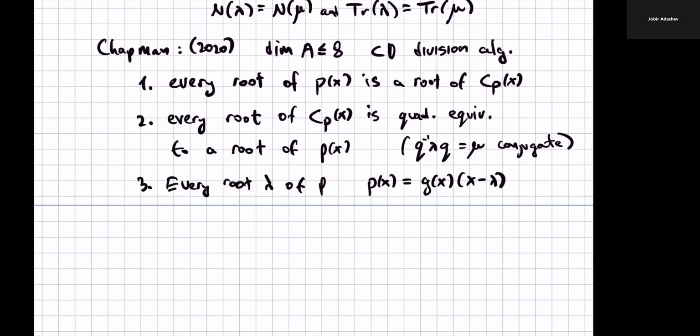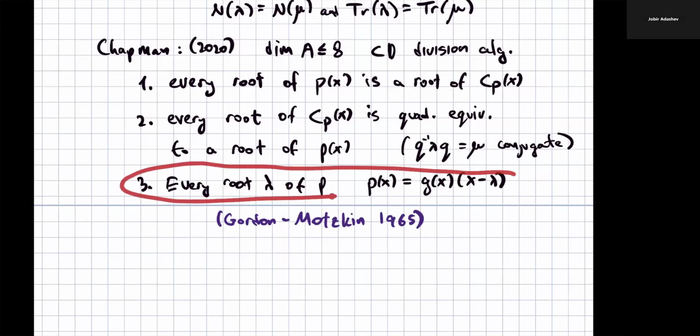This is in the flavor of the theorem by Gordon and Motzkin from 1965, which states that this final part is true for associative division algebras.